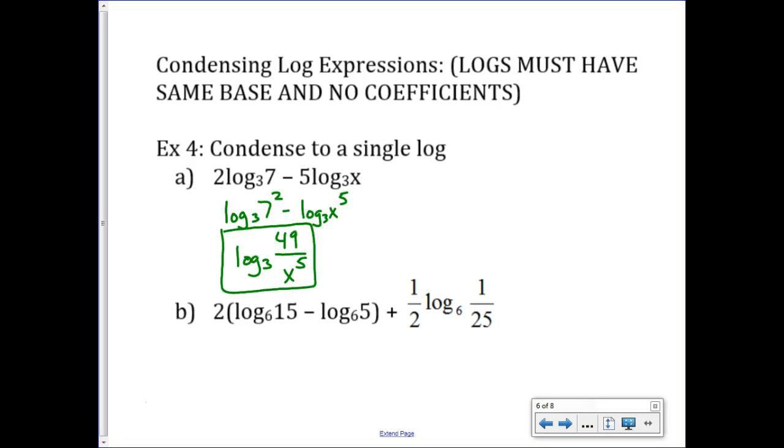All right, this next one, we have this 2 out front, which tells me it's got to go into the exponent. So when I combine these two inside the parentheses, I have 15 over 5, and then I have a squared up here. Then this 1/2 out front, 1/25 to the 1/2 power means the square root of 1/25.